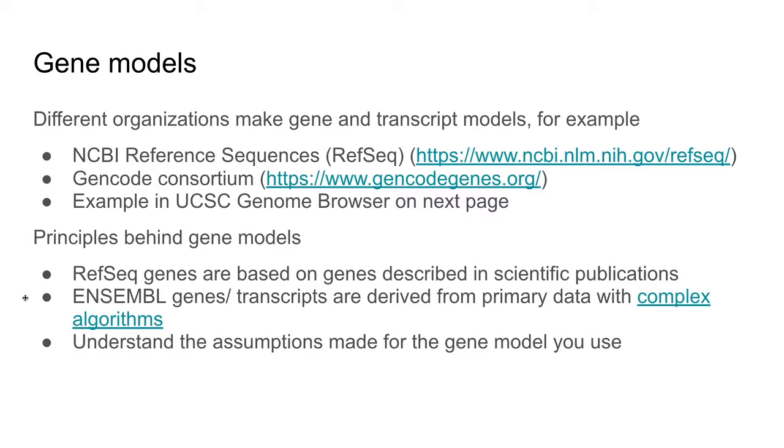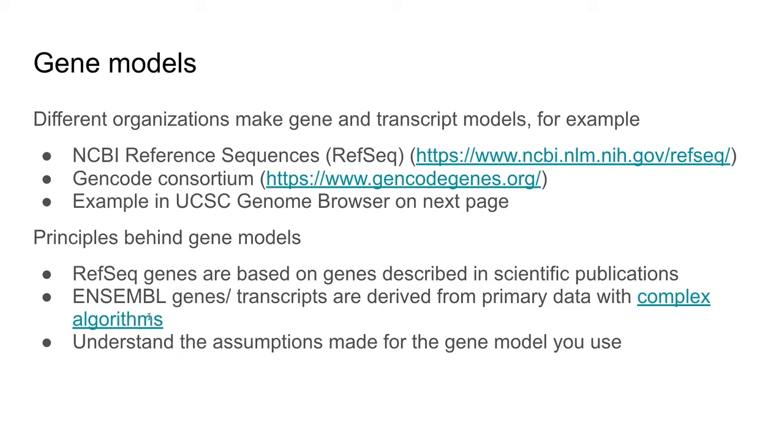So for each RefSeq gene, you get a reference to one or several papers that have defined that specific gene. It's often papers that are specific on a certain gene, where groups have sequenced that gene. So they have very clear ideas about the gene start, the gene end, the gene function, the structure of the exons and corresponding introns, and so on and so forth. So it's kind of a publication-based definition.